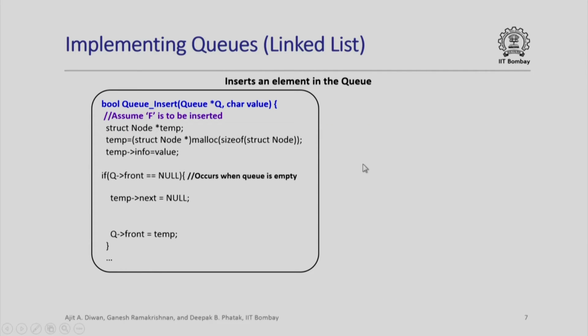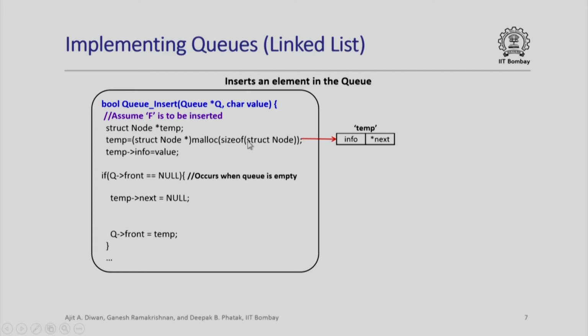Now comes the major operation of inserting an element in the queue. We assume that an element f is to be inserted, and we assume, of course, that we are starting afresh. The queue currently does not have anything right now. So, we define a node *temp and allocate memory to it.